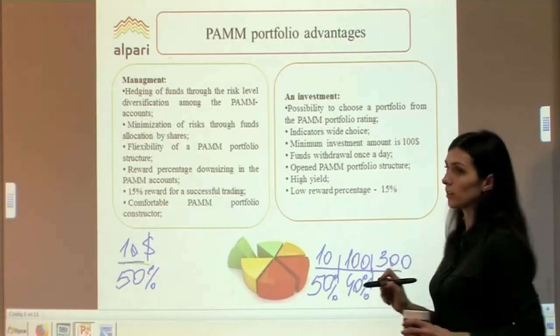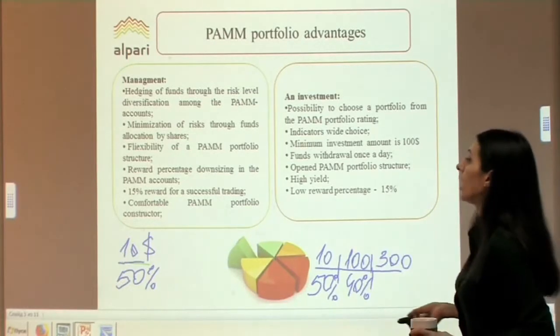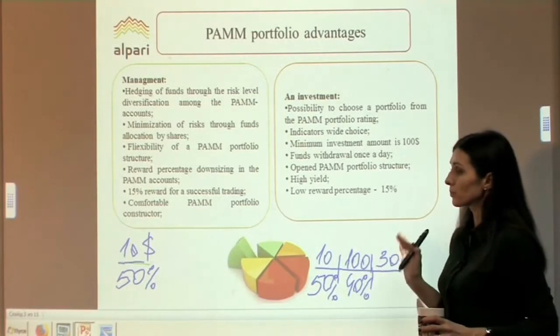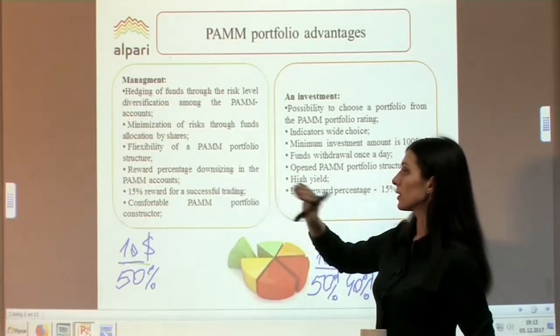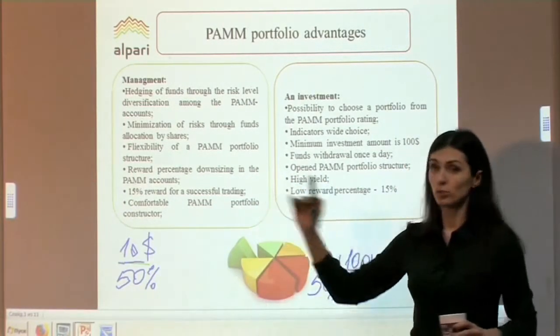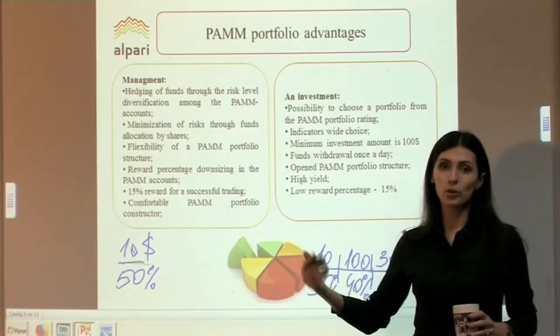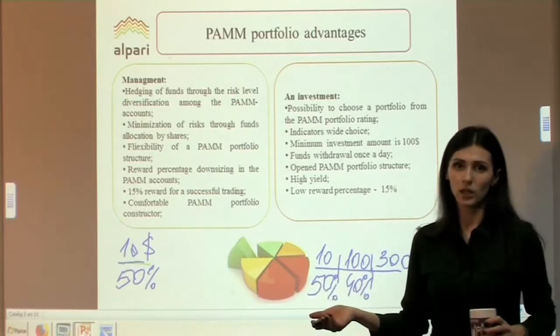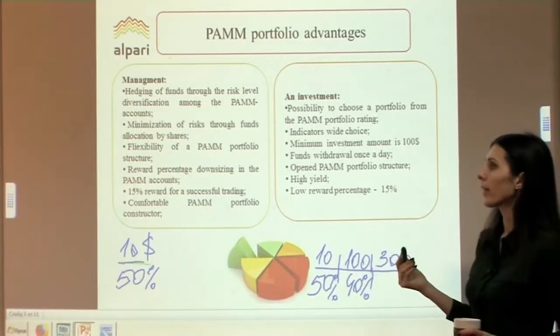More than $300, about 30%, for example. And you, as the manager of the PAM portfolio, can downsize this reward percentage by depositing more funds to the PAM account, as I said in this example.